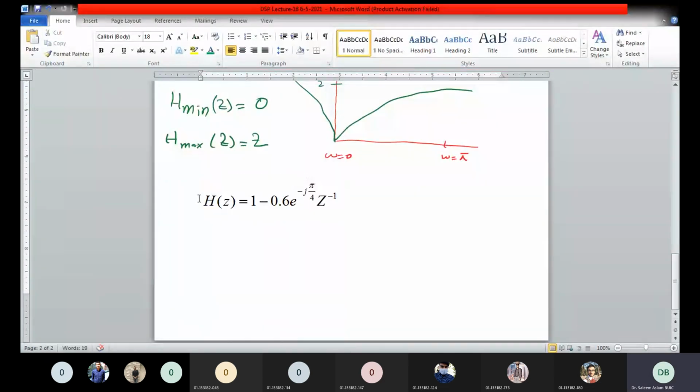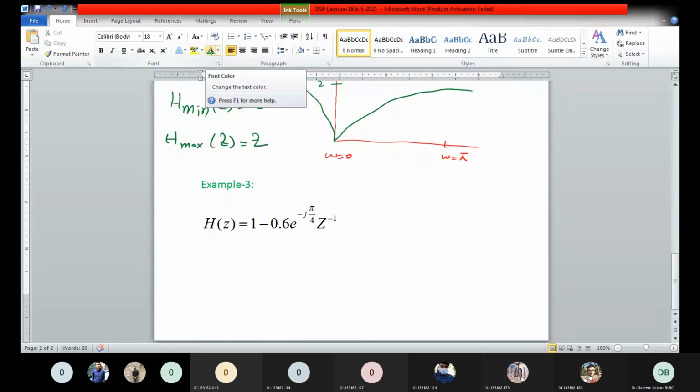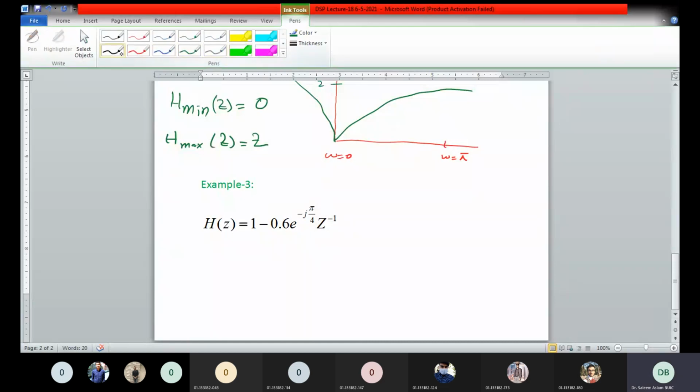So if you are given this system, example 3, your system is like this. Can somebody give me an idea what the magnitude response of this system is? Anyone? Let me first draw its pole zero diagram.